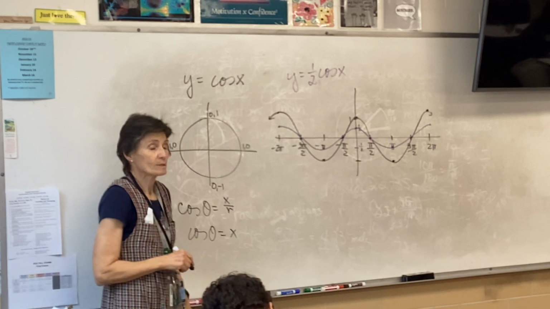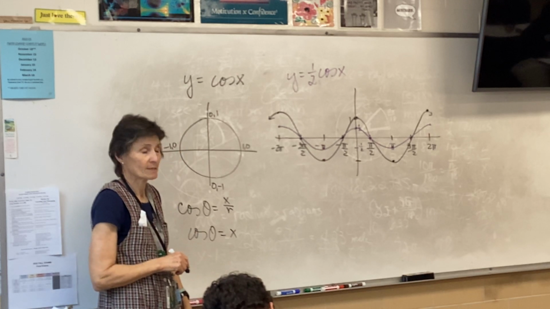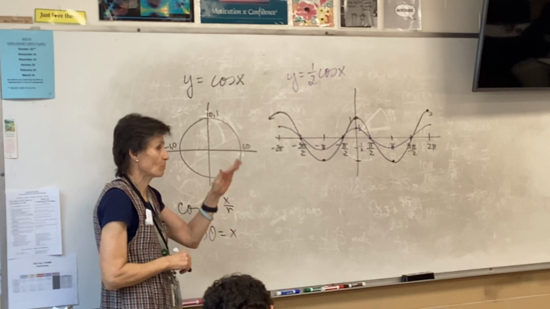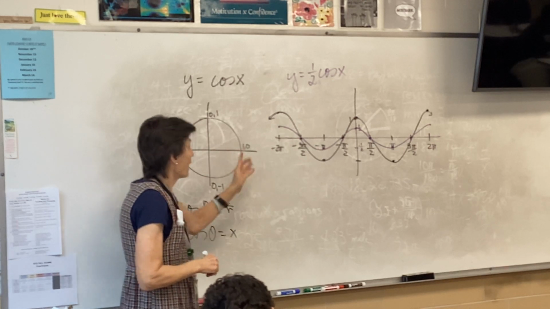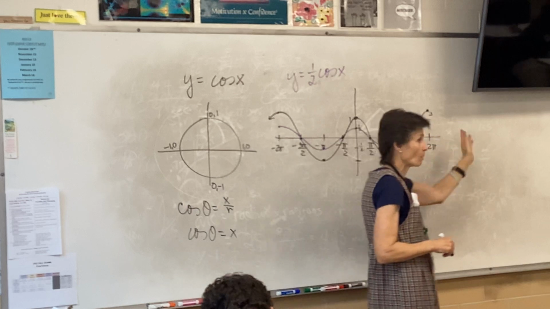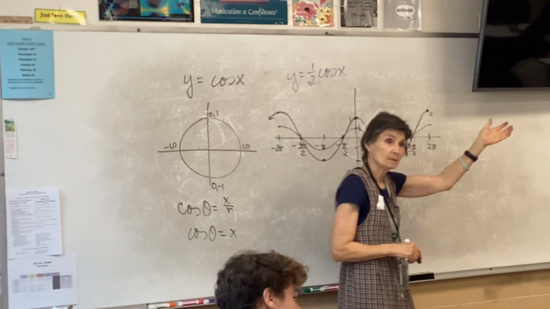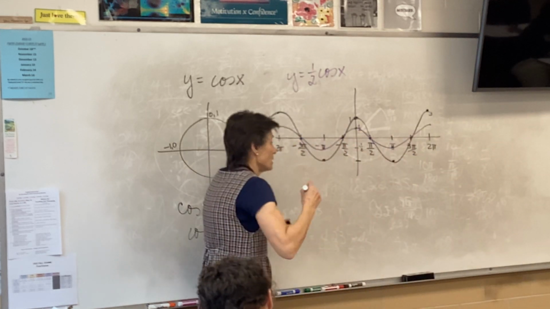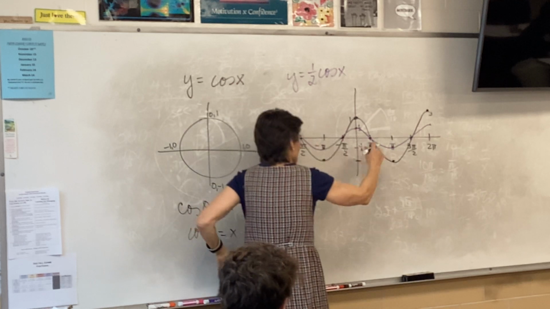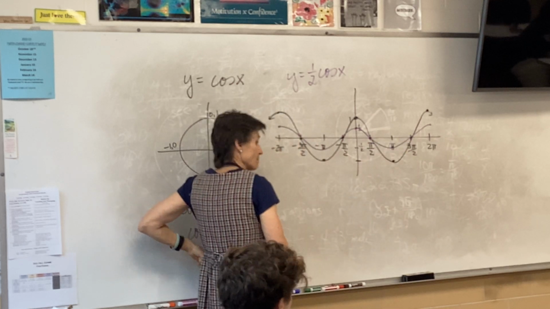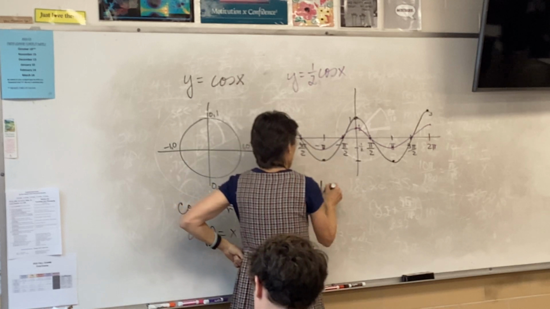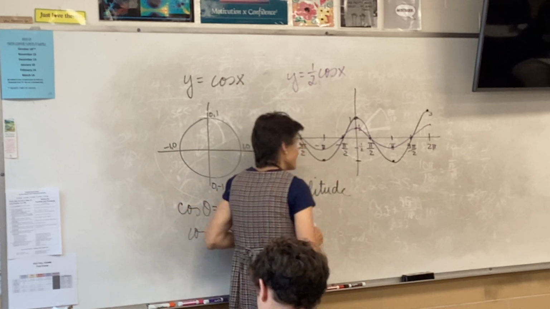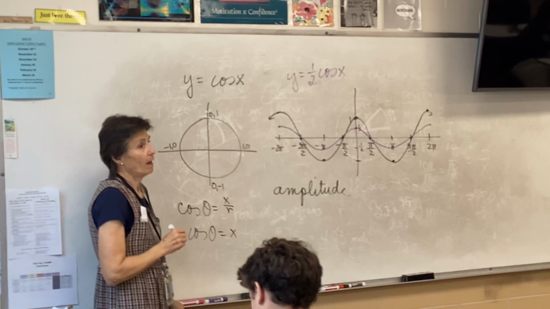This is going to be half as tall as it was. When you have what's called a periodic function, periodic means it repeats. If I kept going around the circle, I'm just going to keep getting more and more of these waves, right? Periodic things sometimes have what's called amplitude. Amplitude is the height of the waves.